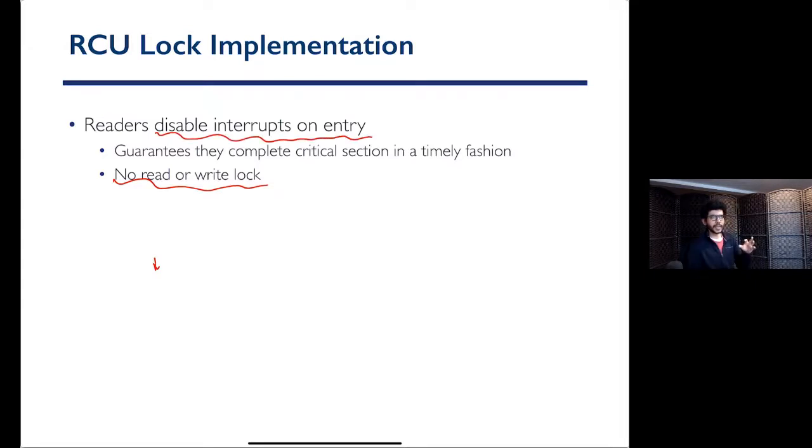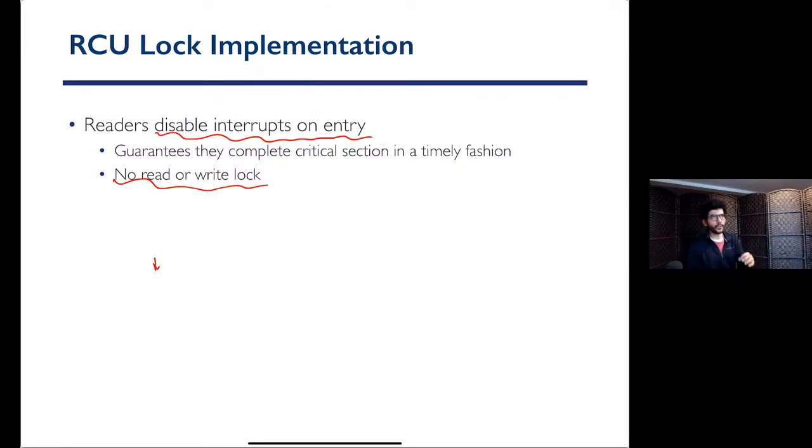This is for systems where you want to give readers utmost priority. You make them disable interrupts so that they don't get interrupted, so that they can finish as fast as possible, right? Because it's important for your readers to finish. If you have really long readers, again, RCU is not your choice.